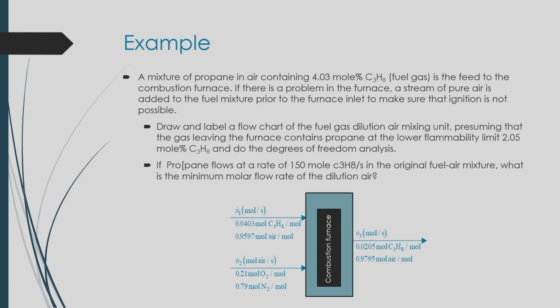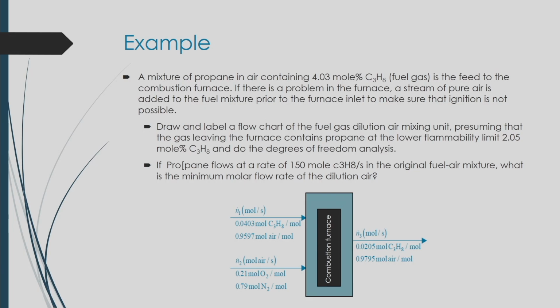Another example like this here, a mixture of propane in air containing 4.03 mole percent fuel gas, here C3H8, is the feed to the combustion furnace. If there is a problem in the furnace, a stream of pure air is added to the fuel mixture prior to the furnace inlet to make sure that ignition is not possible.